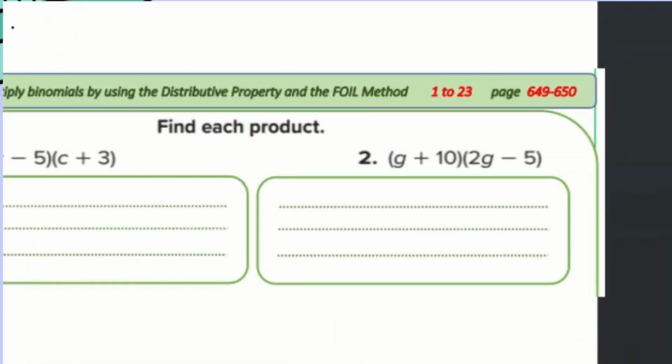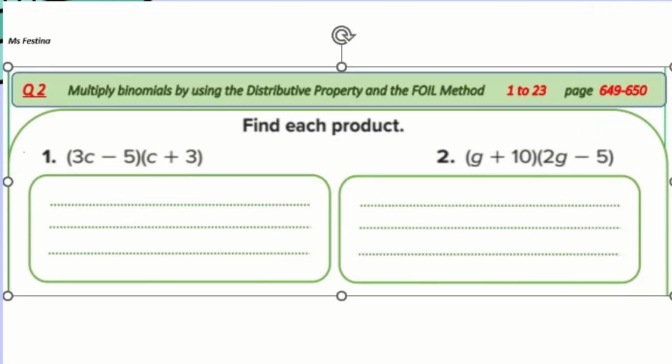So we have a question that asks us to calculate the product. So now we have to multiply the two monomials to get the product of that problem that we're solving.